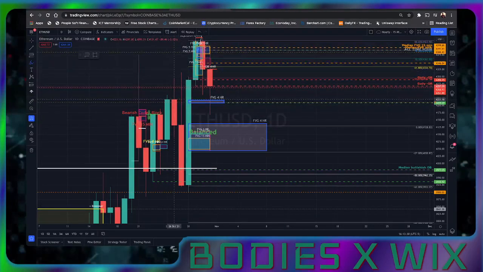What matters is the bodies. As long as the body closes above the bodies of these two down candles, then this is considered a bullish order block. Sorry, bearish candles are considered bullish order blocks.